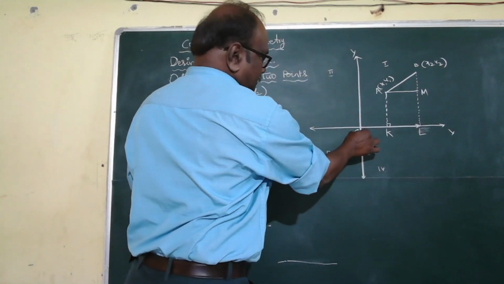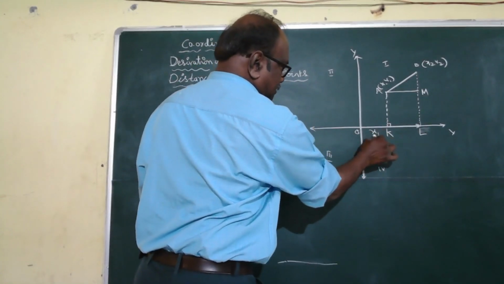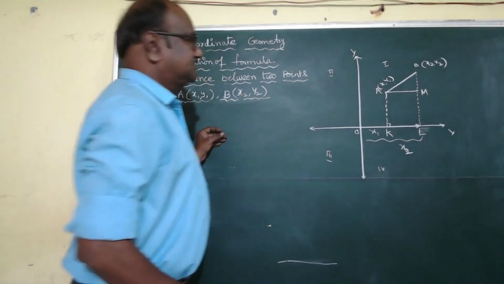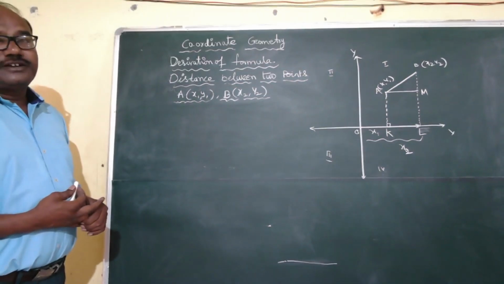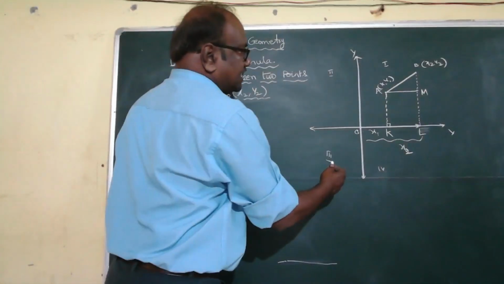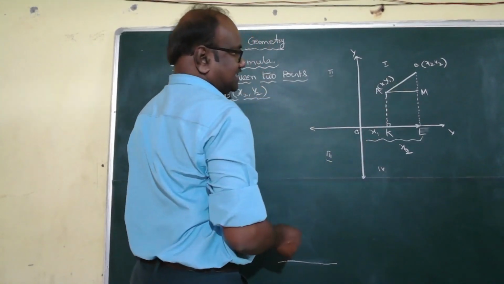Now here the distance O to K will be x1, and the distance O to L will be x2. That is, the x coordinate value gives us the distance from the y-axis, whereas the y coordinate gives us the distance from the x-axis.